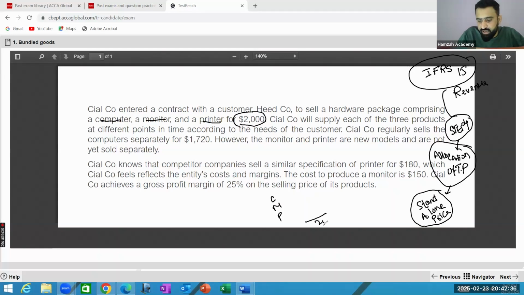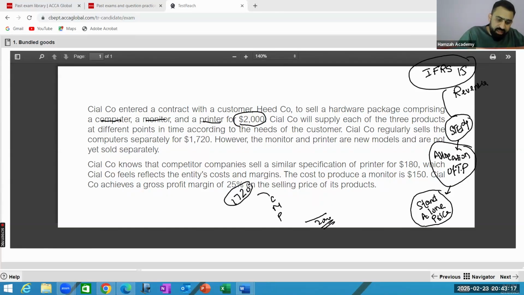Now, the standalone price, as per the guidance of IFRS 15, should be observable. Means there should be an identifiable standalone price. Like here, for computers, we have 1,720 as the standalone price. Computer standalone price is identified. That is identifiable, directly observable.